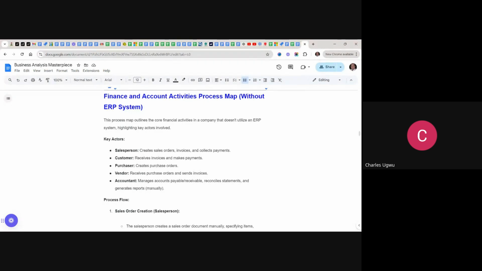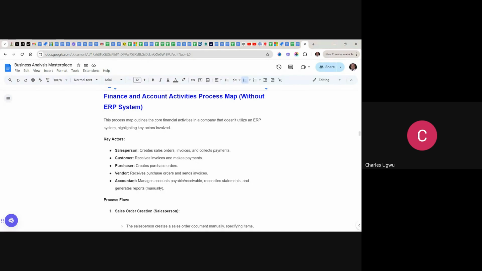At this point, the HOD finance, who might be the project sponsor, has given you the high level overview of what they want to achieve. But if you want to go for in-depth requirement gathering to understand challenges facing that finance department, you have to look for people that have got something to do with day-to-day running of finance department. And these are the people.